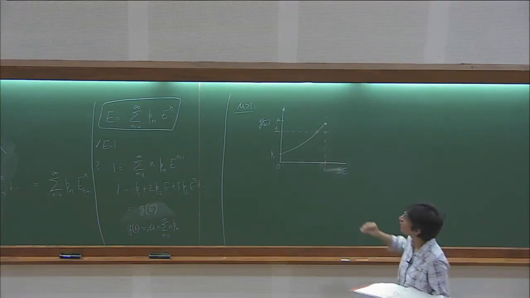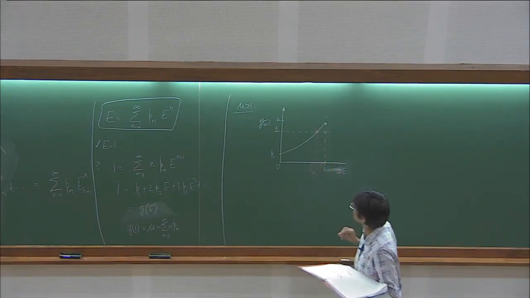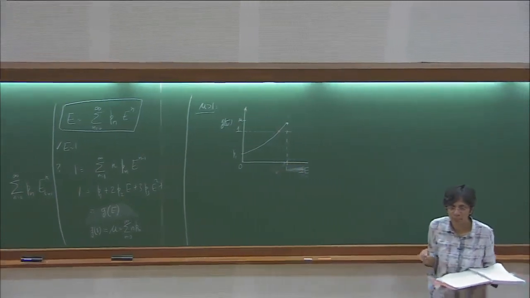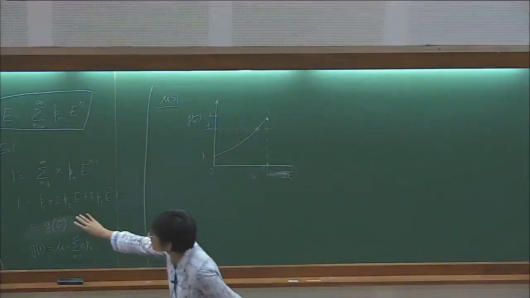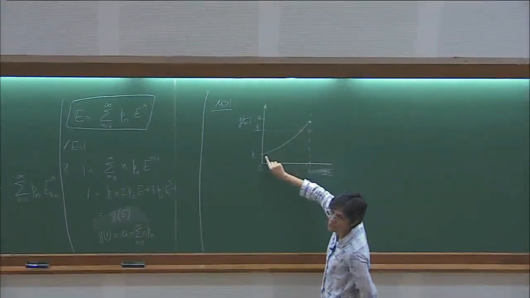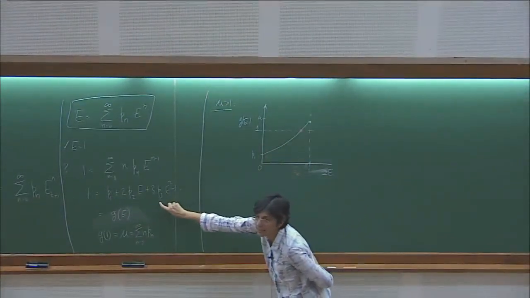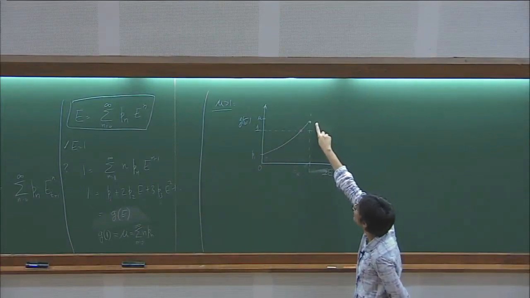Is this clear what I'm saying? So I want to solve this equation graphically, right? So G of E looks like this because I know the two limits. G of 0 is P1, right? And G of 1 is mu, the average number. And I'm just taking a monotonically increasing function and just plotting it out. And my solution is when G of E is equal to 1. So that's the solution.